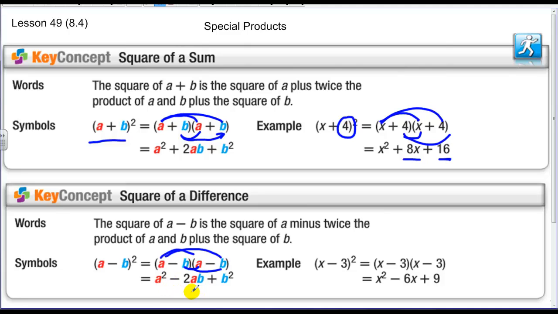And you'll notice again that same relationship, that the last term is the square of the two b's, but the middle term is 2 times the product of the two binomial terms.